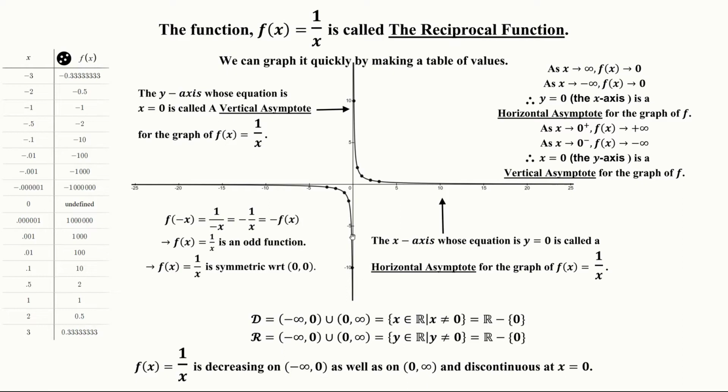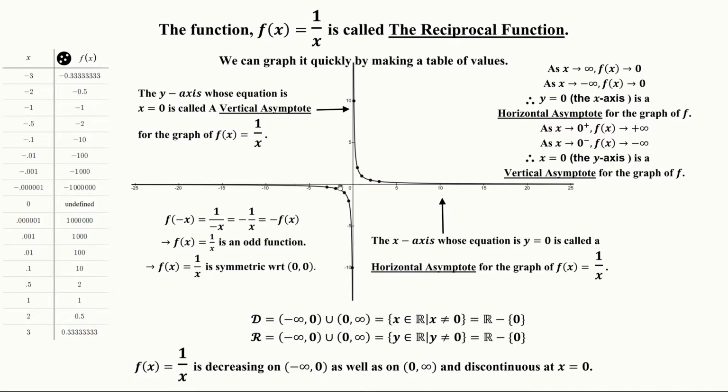horizontal asymptote. Notice that like polynomial functions, rational functions are smooth and continuous everywhere except at their points of discontinuity, right? So here x equals 0 is the point of discontinuity, but notice everywhere else the function looks both smooth and continuous.